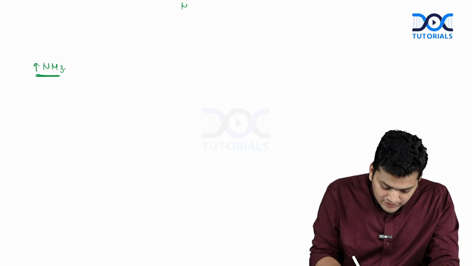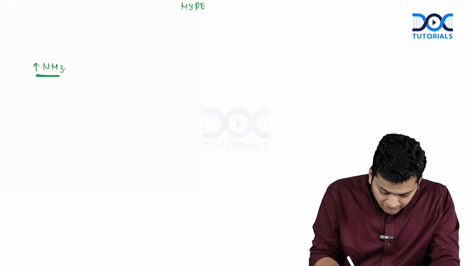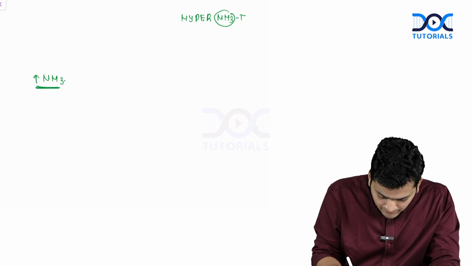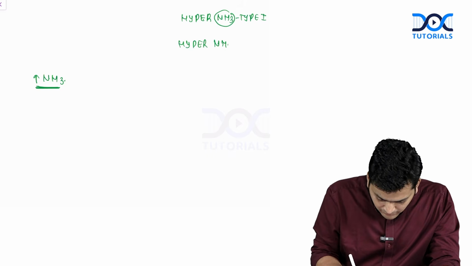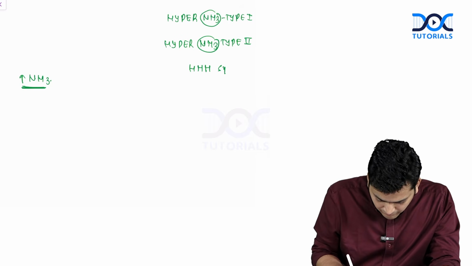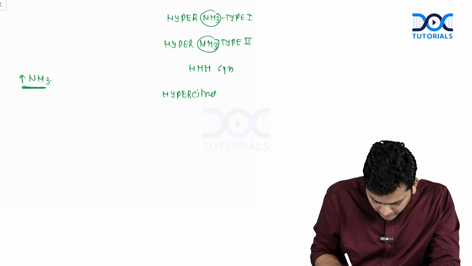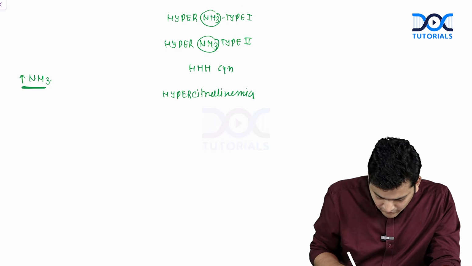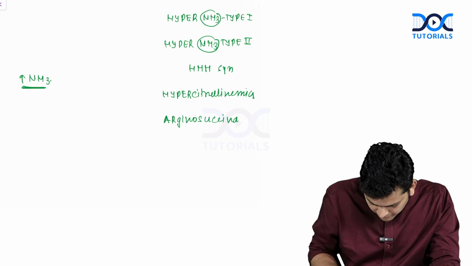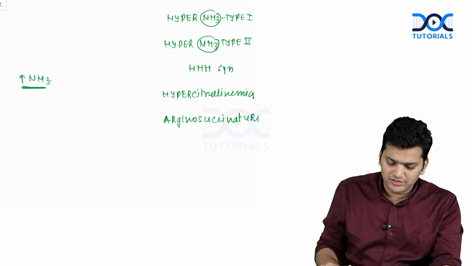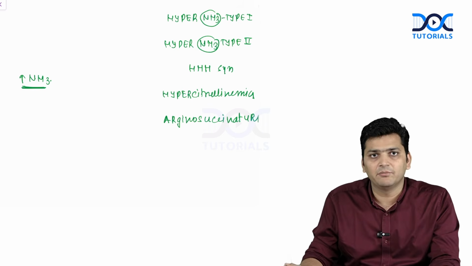What are the 5 diagnoses? Is it hyperammonia type 1? Is it hyperammonia type 2? Triple S syndrome? Hypercitrullinemia? Or arginosuccinate urea? These are the 5 diagnoses that should come to your mind whenever there is increase in the ammonia.